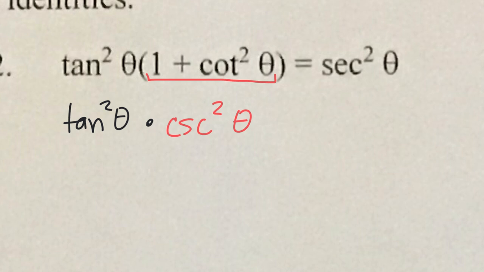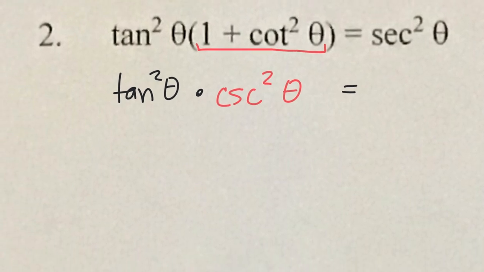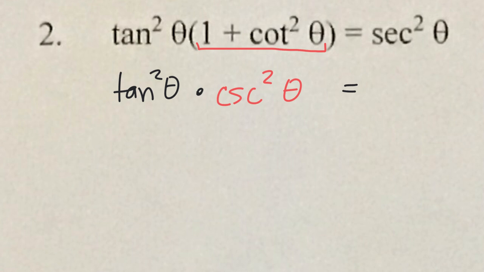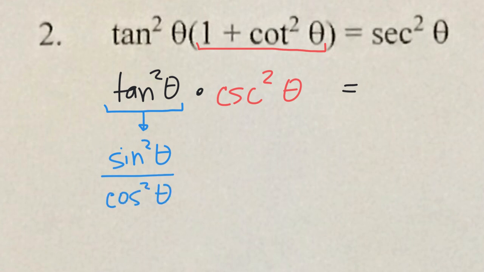Now we're going to go back to our number one strategy, and that's replacing things with sine and cosine. So what can we replace the tangent squared with in terms of sine and cosine? Yes, very good. Tangent squared is the sine squared over the cosine squared. And I'm going to replace cosecant squared with its reciprocal.